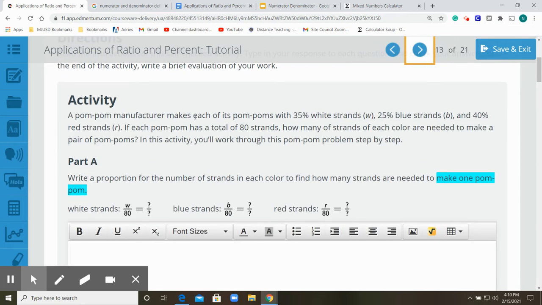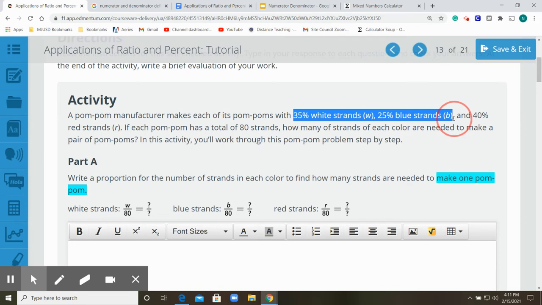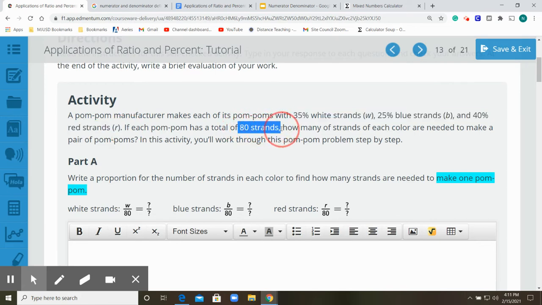A pom-pom manufacturer makes each of its pom-poms with 35% white strands, we'll say that's W, 25% blue strands, we'll call that B, and 40% red strands, we'll call those R. If each pom-pom has a total of 80 strands, how many strands of each color are needed to make a pair of pom-poms? In this activity, you'll work through this pom-pom problem step by step.